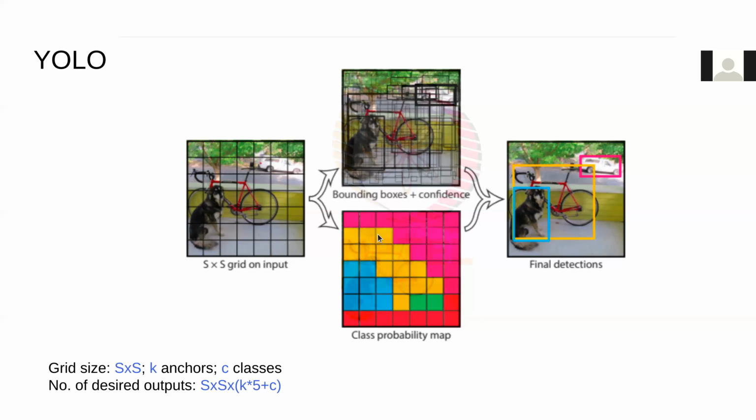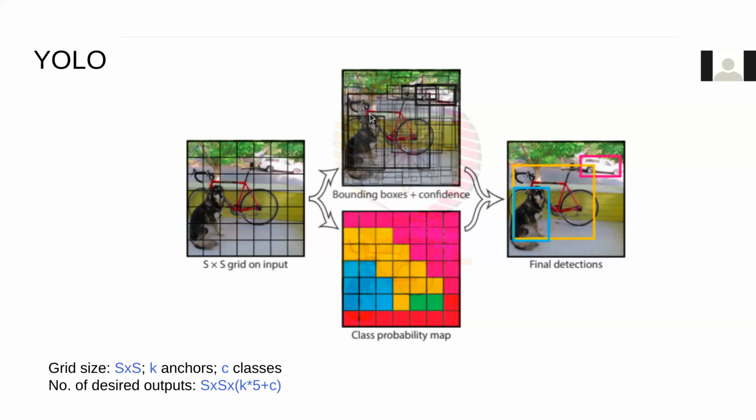And similarly for the yellow, which may correspond to the bicycle, it will be showing that these are the cells where you can find a bicycle and so on. So you get a class probability map where each grid cell gives you the probability of the most likely class it can contain. At the same time, along with this class probability map, we have bounding boxes and their confidences.